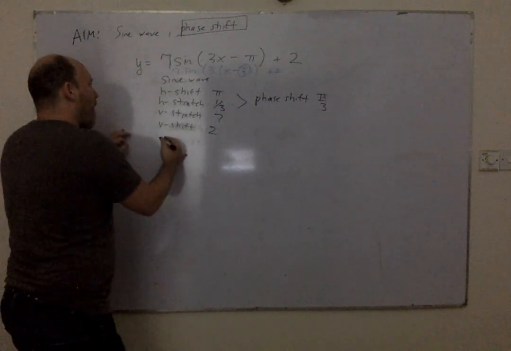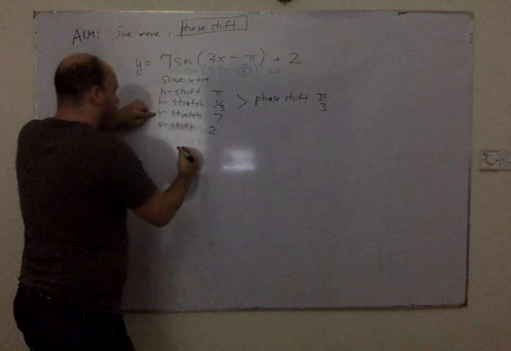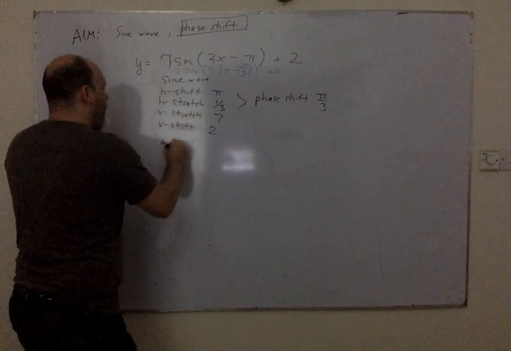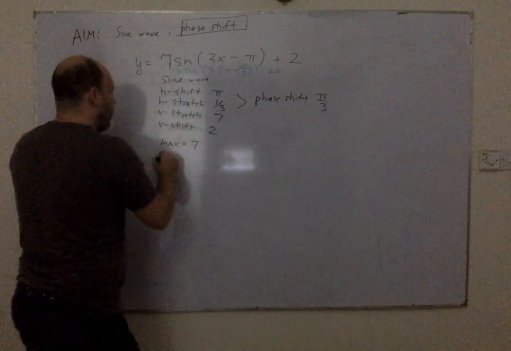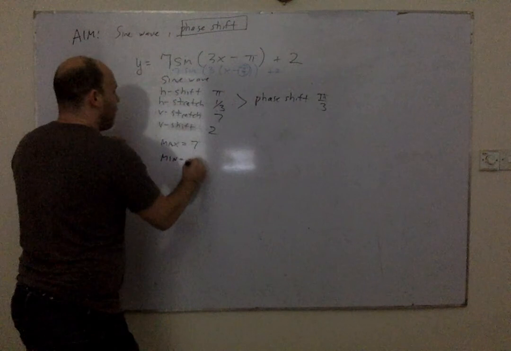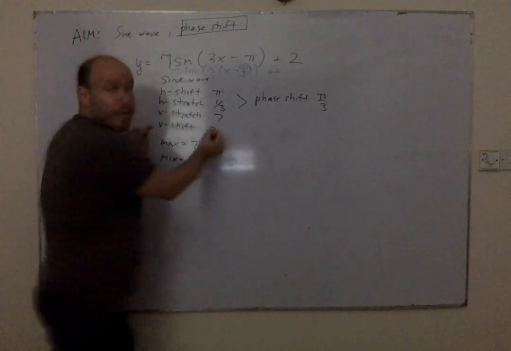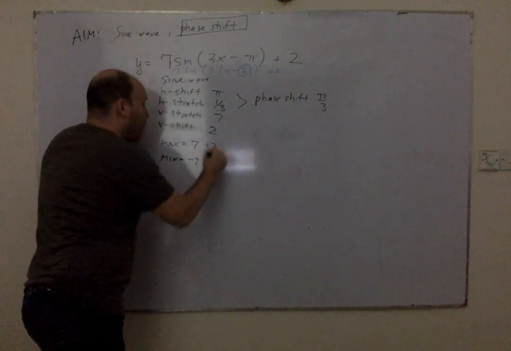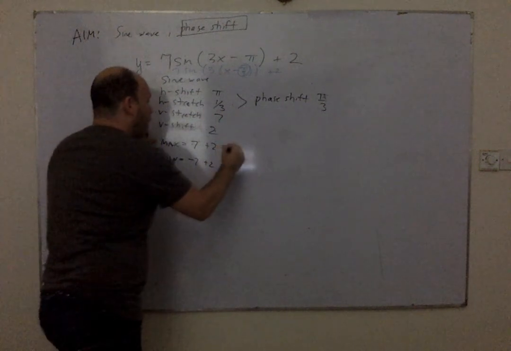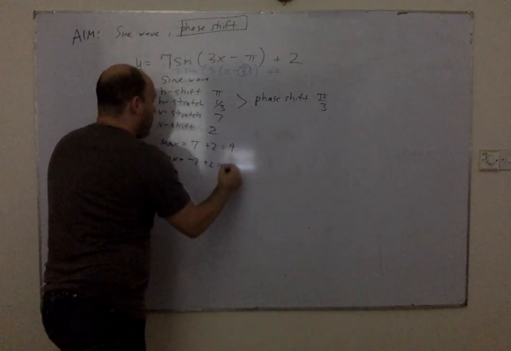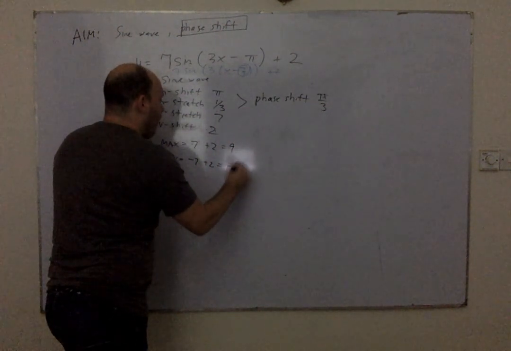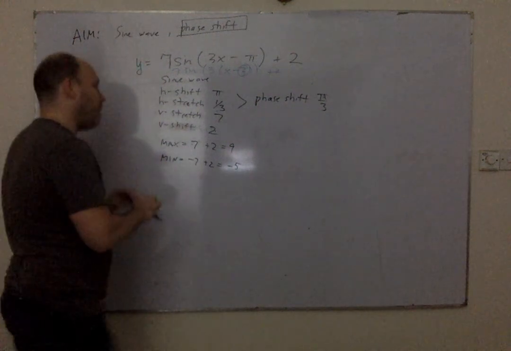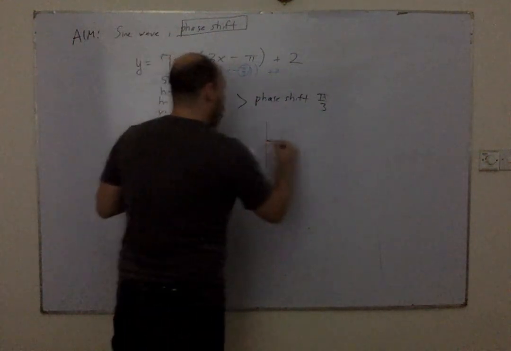We have a vertical stretch of 7. Therefore, the max is 7 and the minimum is -7. But we have a vertical shift of 2, so we added 2 to this. So our maximum is 9 and our minimum is -5. So we can draw that in there.